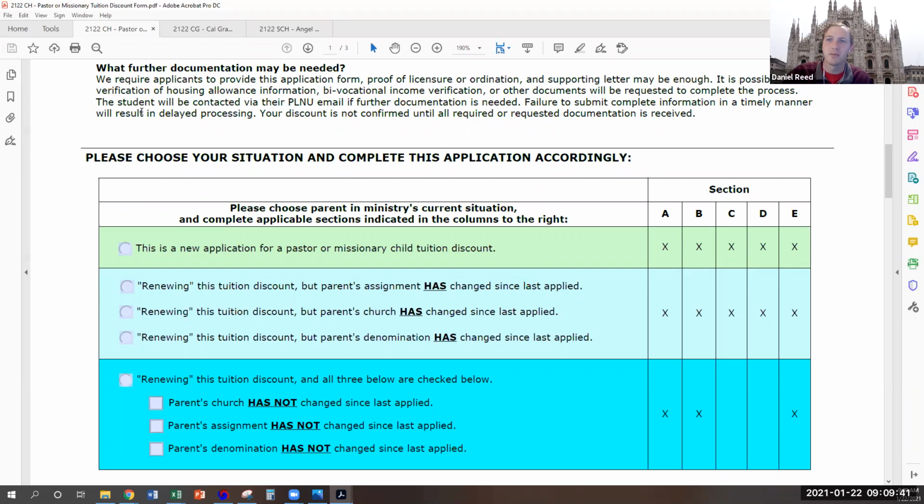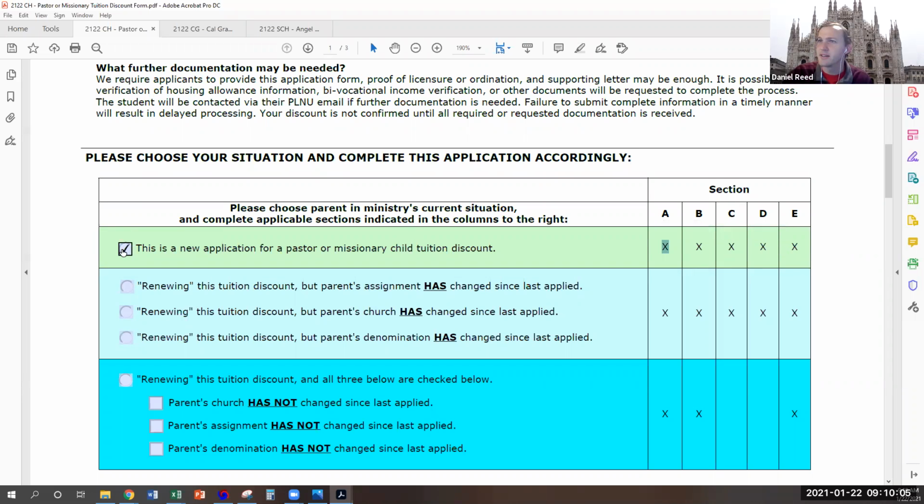So for students who are coming in as a brand new student for 2122, they are saying this is a new application for a pastor or missionary child discount. They click this to indicate their situation, and it says I need to fill out sections A, B, C, D, and E. I'd fill out this whole form.